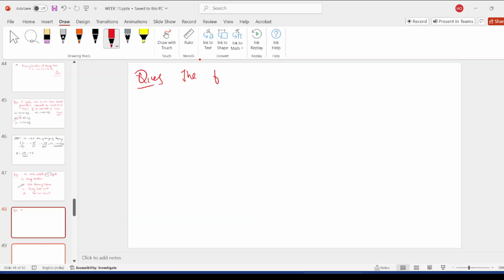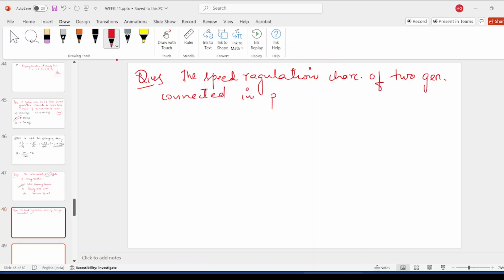The speed regulation characteristic of two generators connected in a power system are as follows.